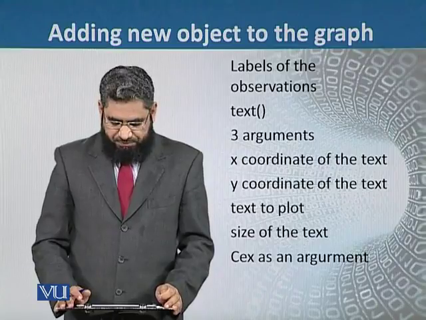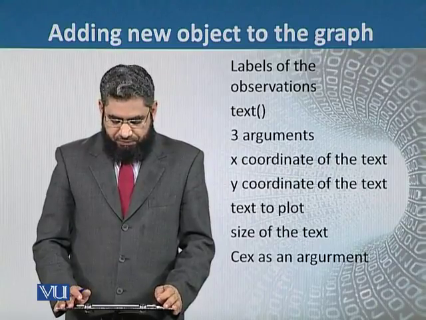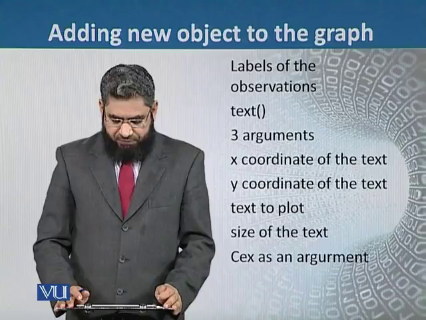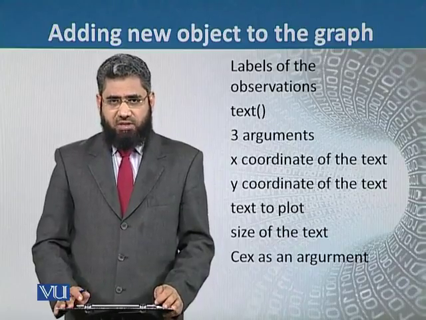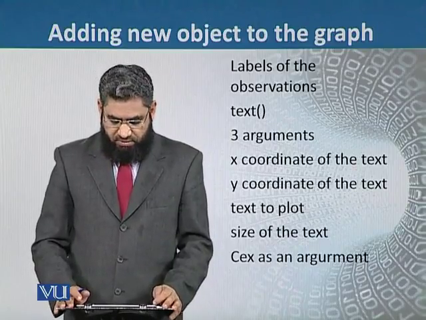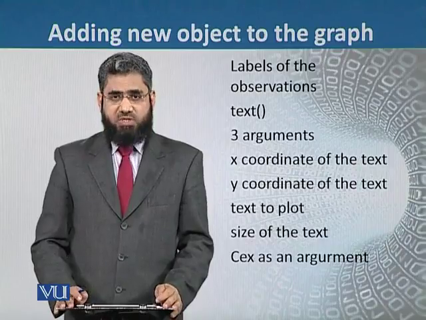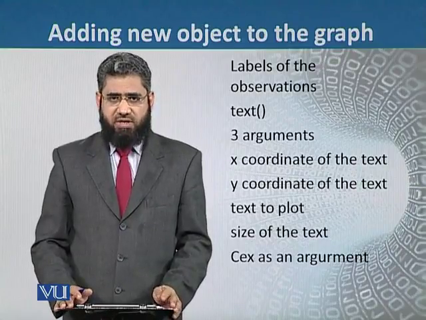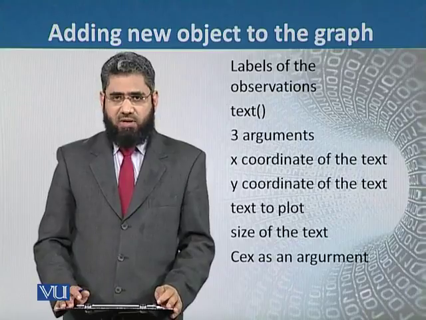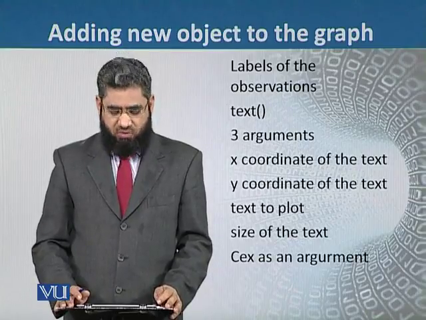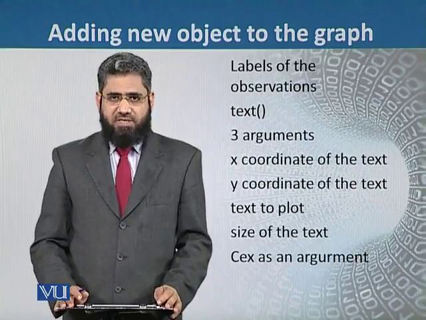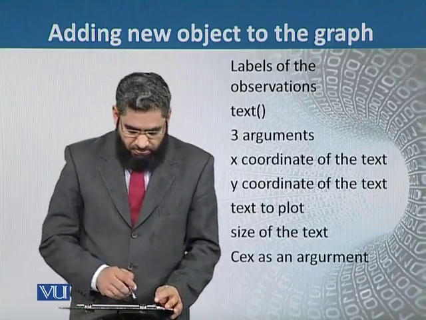We can also change the size of the text within the plot. For this purpose, we can use cex. We have already seen that we can use the cex argument to change the size of the text present in the plots.